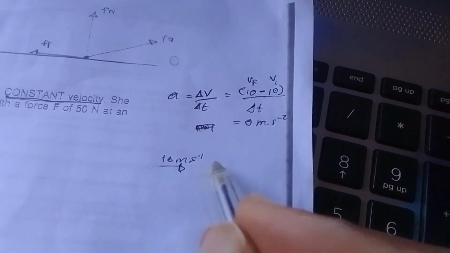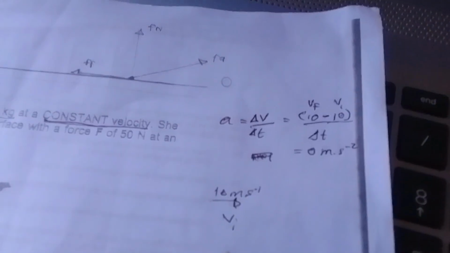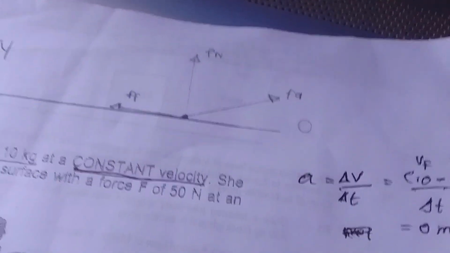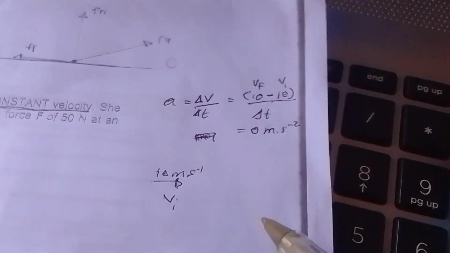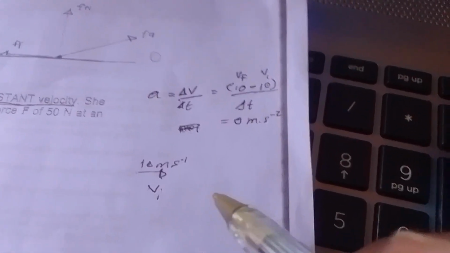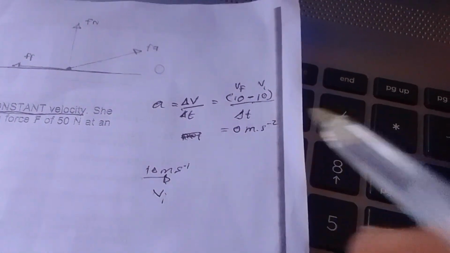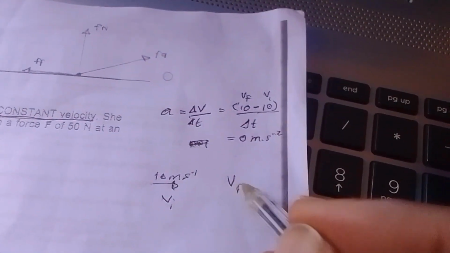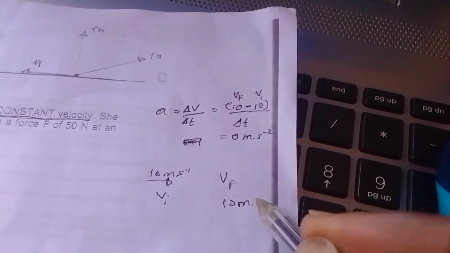This is the initial velocity, Vi. By the term constant velocity, they are basically saying her initial velocity is equal to her final velocity, as in it is the same throughout the journey. It means Vf will also be 10 meters per second.